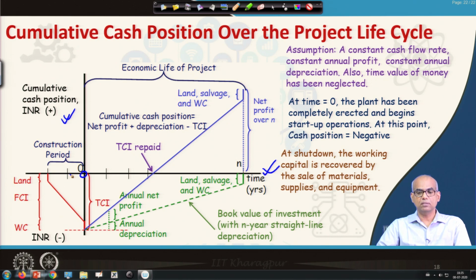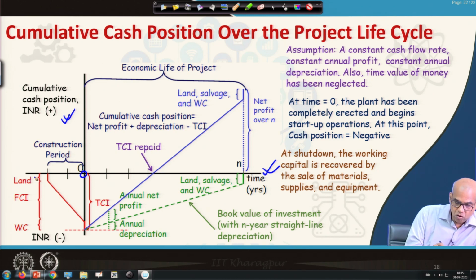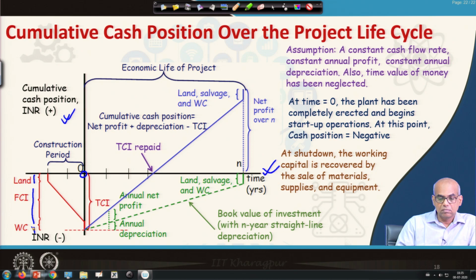At this point, note that the cash position is negative. What is that? Land cost, fixed capital investment and the working capital. So, at time t equal to 0, the cash position is negative and that amount is land cost plus fixed capital investment plus working capital, negative.